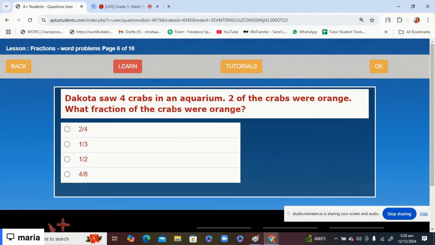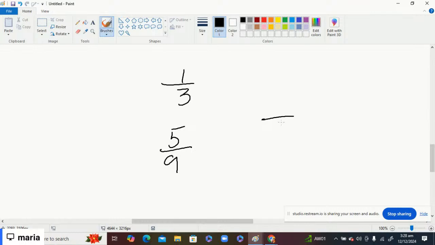There are 4 crabs in an aquarium. 2 of the crabs were orange. How many total number of crabs? 4. And how many are orange? 2. What fraction of the crabs were orange? So first of all, how many total number of crabs? 4.